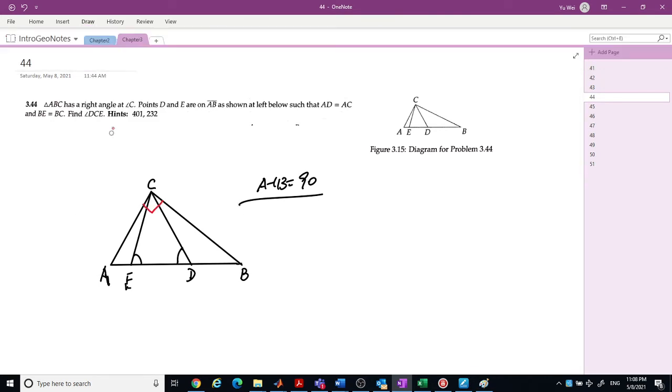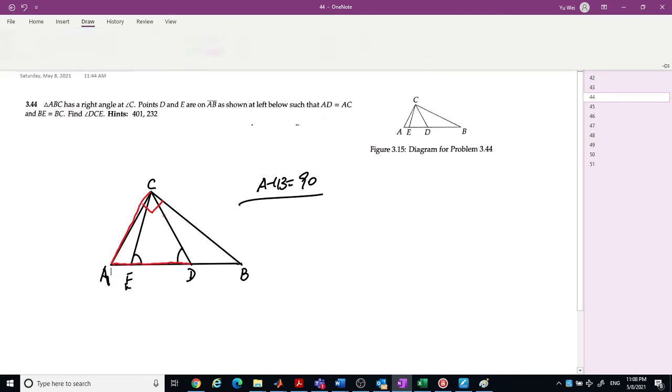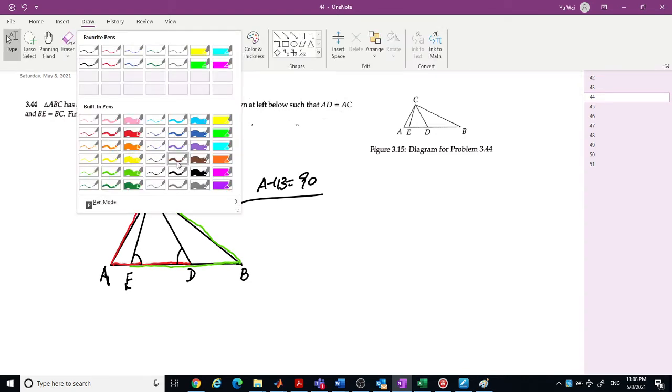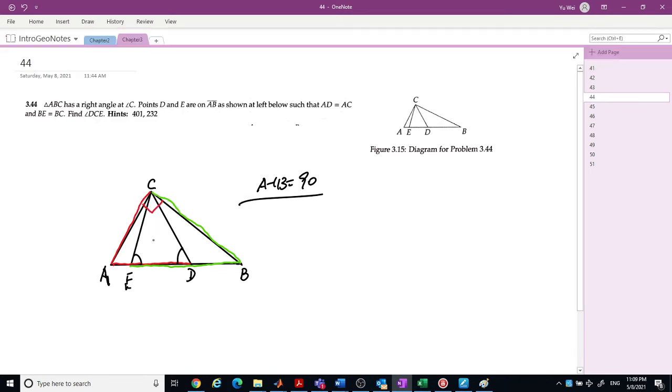Let me use another color. So let's parameterize this angle.